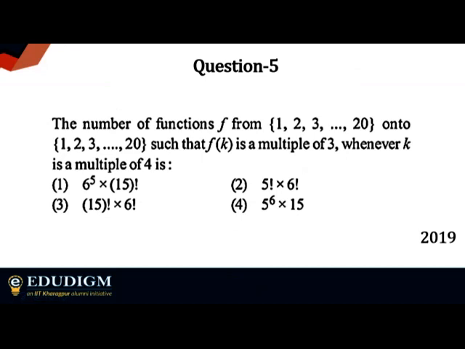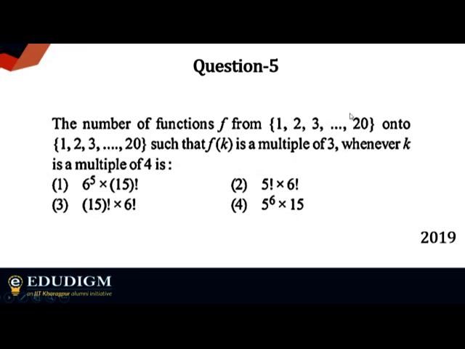Now, this is very, very important. You have a set of first 20 natural numbers, considering a function from that set to itself. So how is this working? f(k), which is the image of k, is a multiple of 3 whenever k is a multiple of 4.